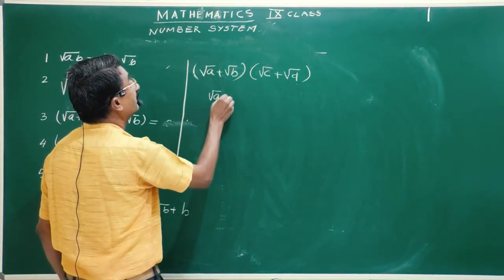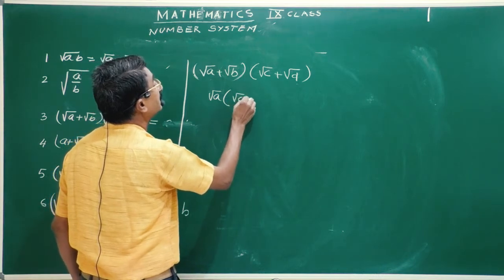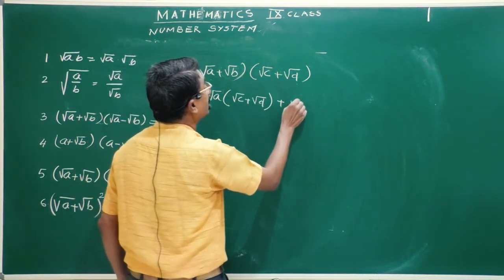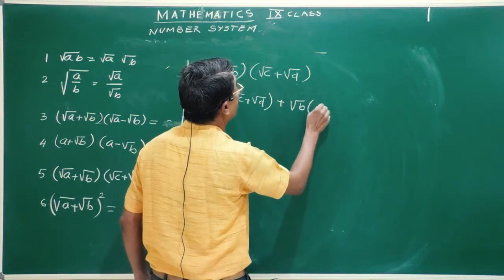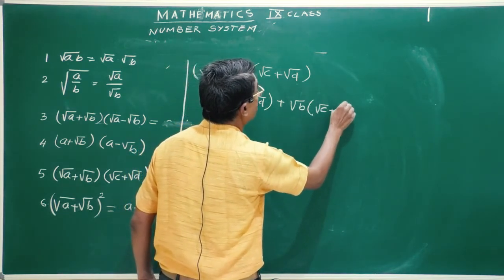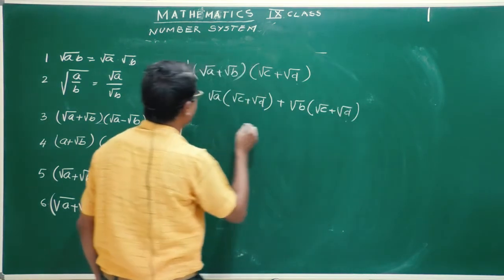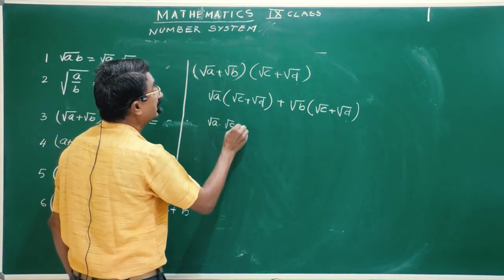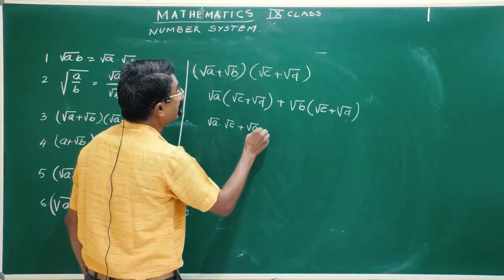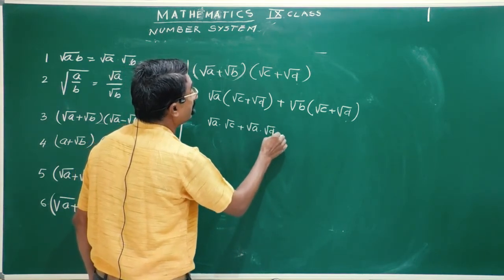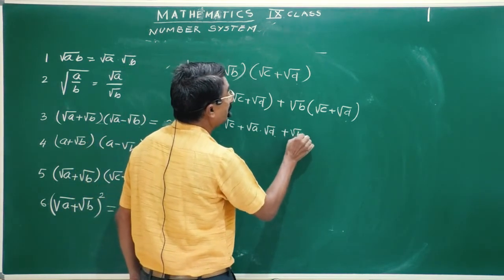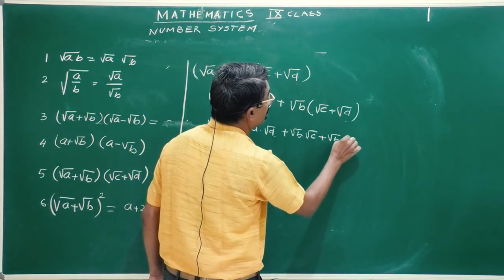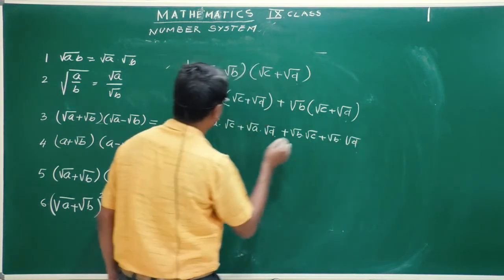Under root a multiplied by under root c plus under root d, plus under root b into under root c plus under root d. So under root a into under root c plus under root a into under root d plus under root b into under root c plus under root b into under root d.